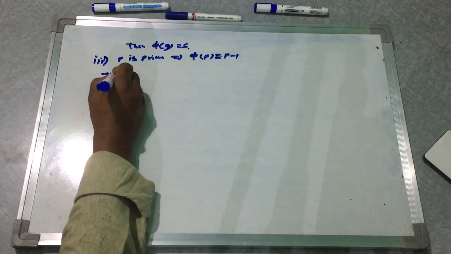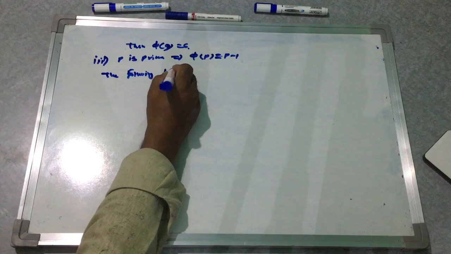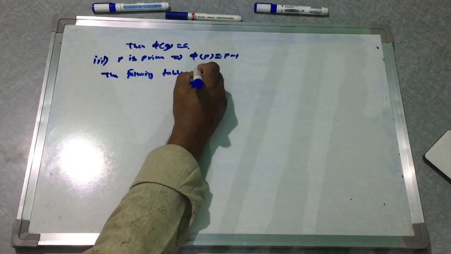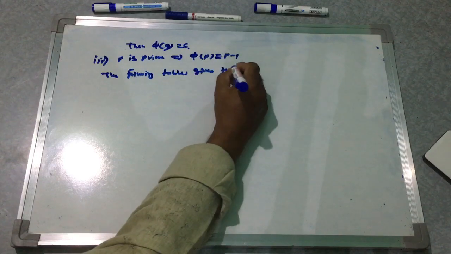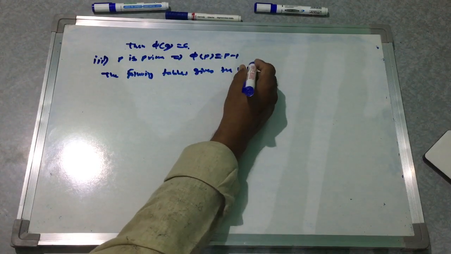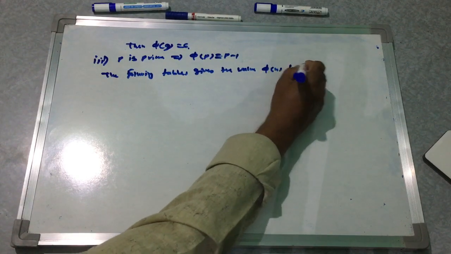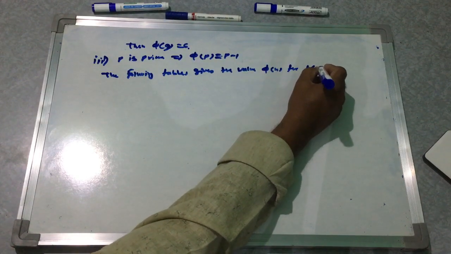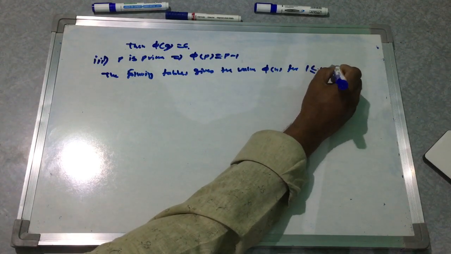The following table gives the value of phi of n for n lying between 1 and 15.